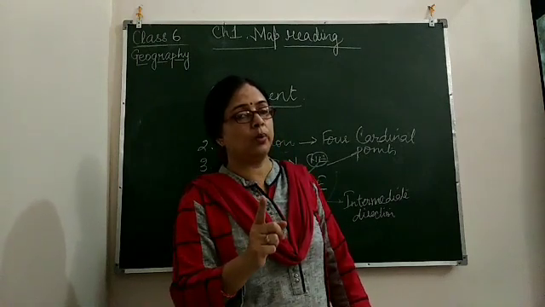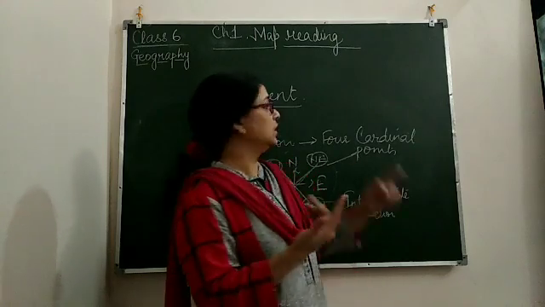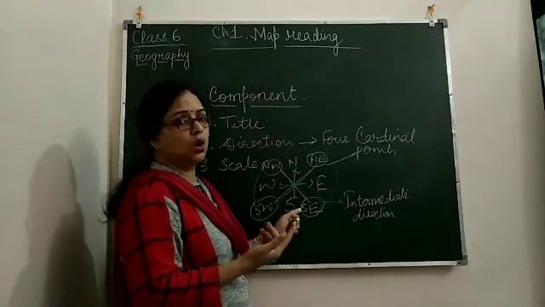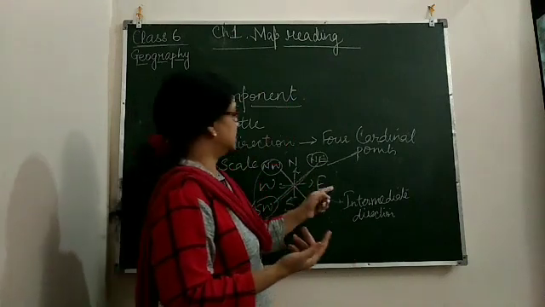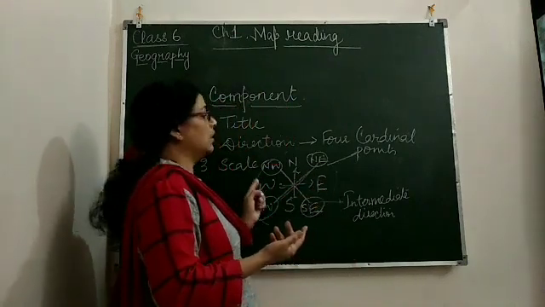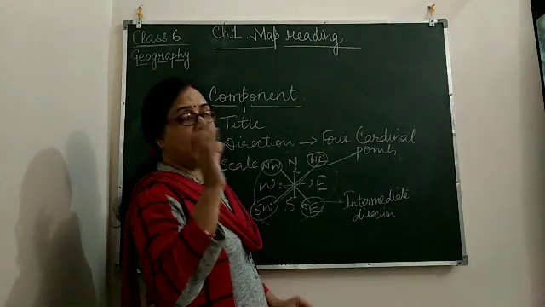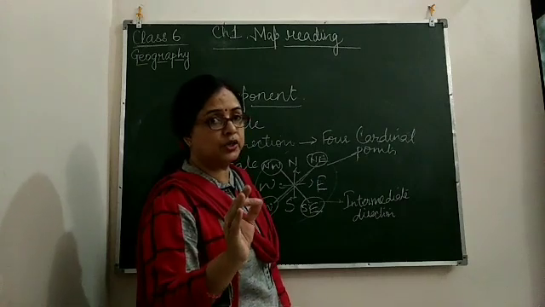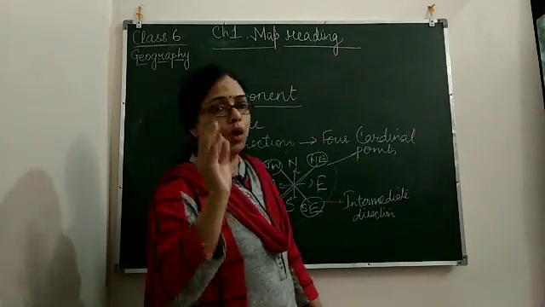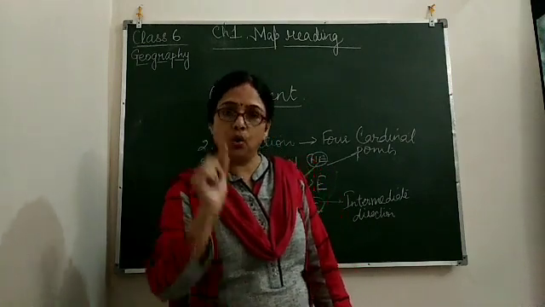Once we know the north direction, we can easily find that the opposite is south, towards the left is west, and the opposite is east. So the magnetic compass is used to find the direction, and the needle always points towards the north.